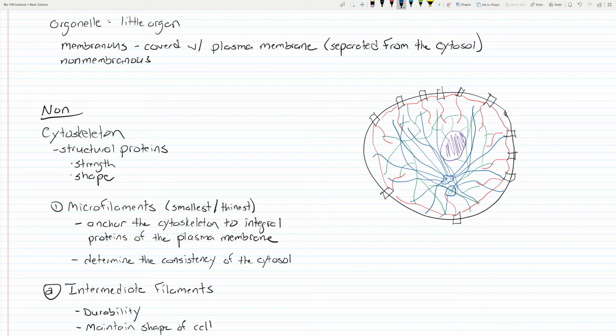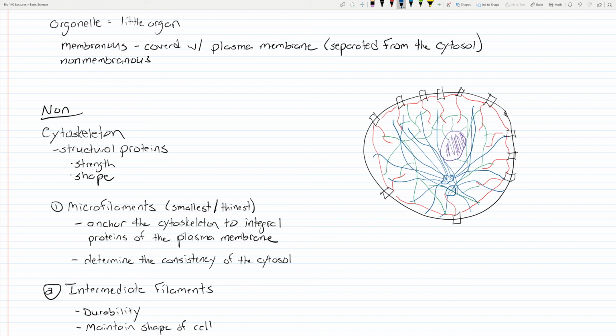Okay, so those are the three. I think it's most important that you just understand that there are three cytoskeletal fibers. The smallest being the microfilaments, the largest being the microtubules, and the middle guy is the intermediate filaments. I think the microtubule is by far the most important because it allows the cell to change its shape.